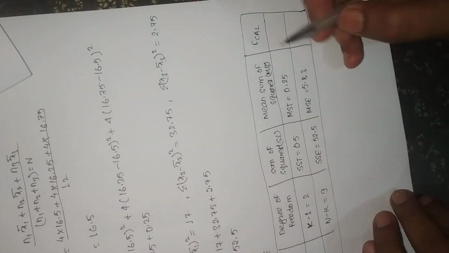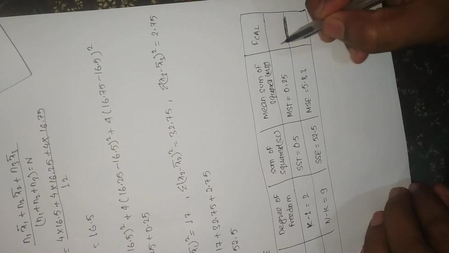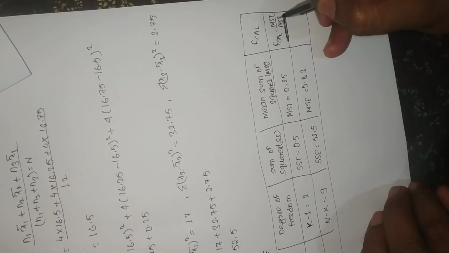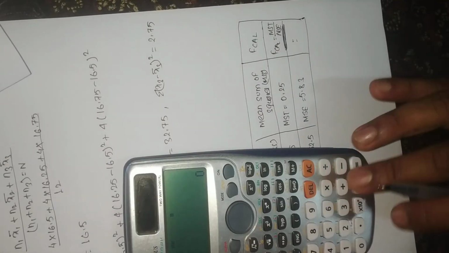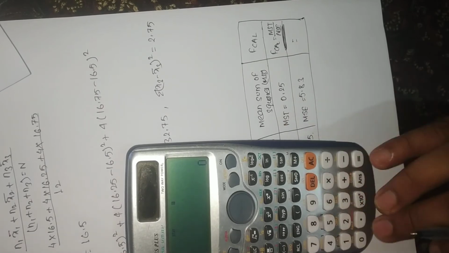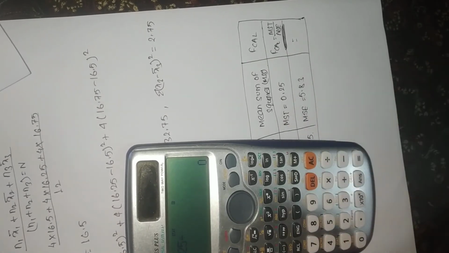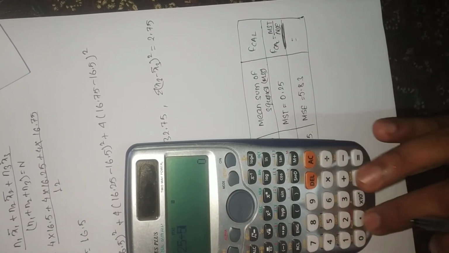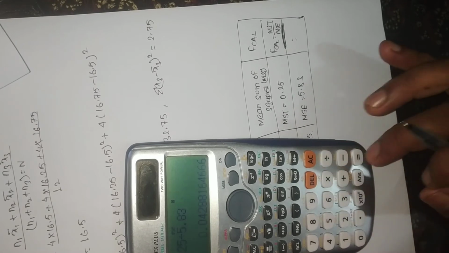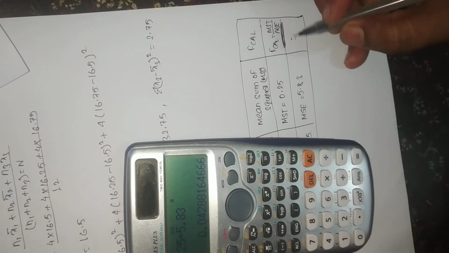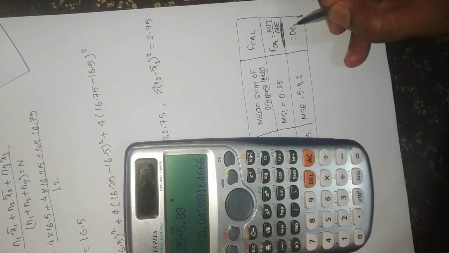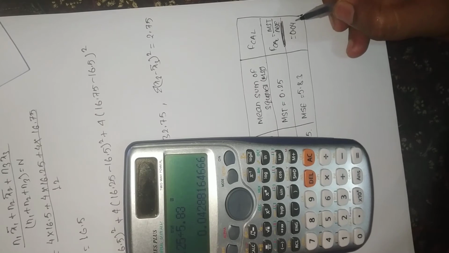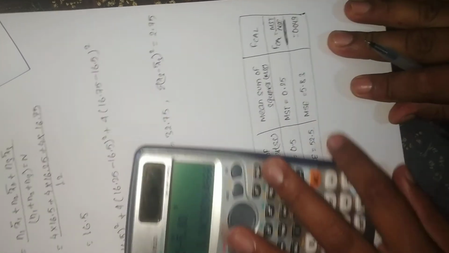Now we have to find F calculated. F calculated is MST divided by MSE, that is 0.25 divided by 5.83, which is 0.0428, so we can write 0.043.